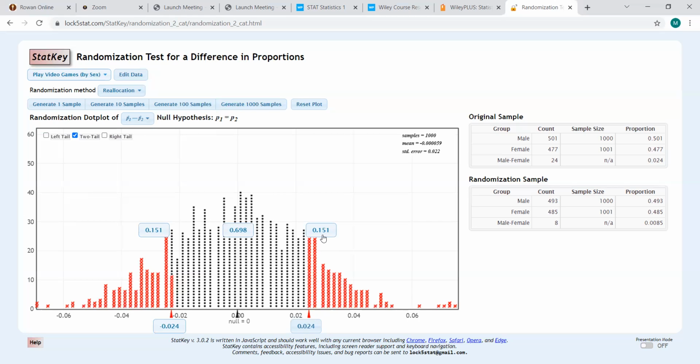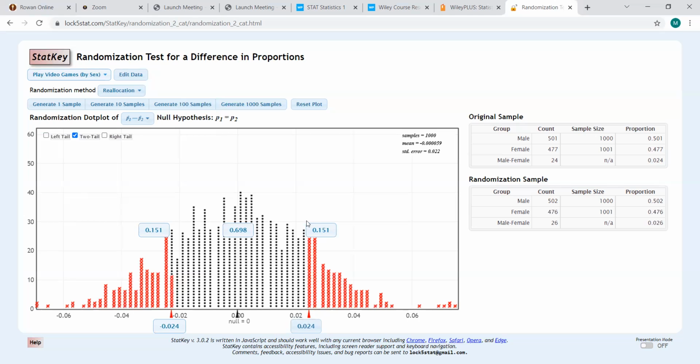So your p-value is the probability of getting a result of 0.024 or more extreme than that from both ends. So it would be negative 0.024 also. So anything that's bigger than or equal to 0.024 in the right end or less than negative 0.024 in the left end.